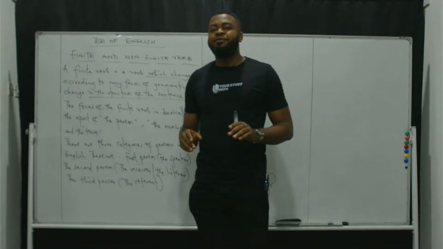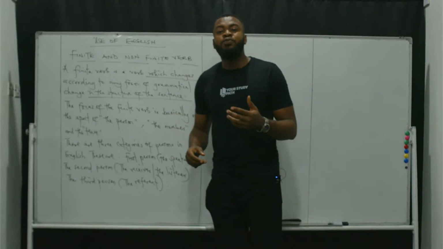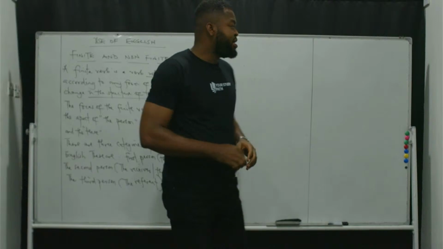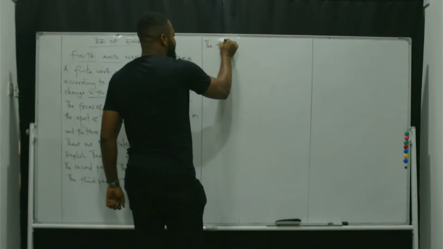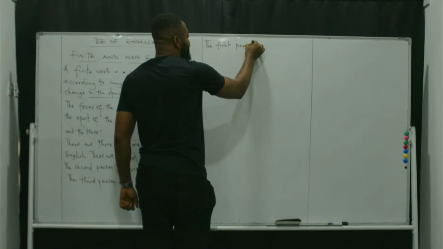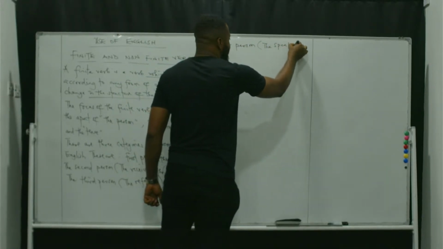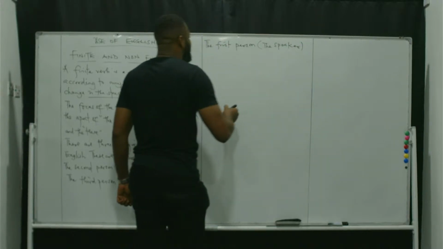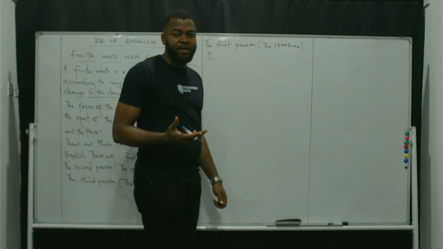So now, when you're talking about this category of people, you can use pronouns to represent them. Usually, the first person, which is the speaker, as we agreed, would always have the pronoun I, the singular personal pronoun.